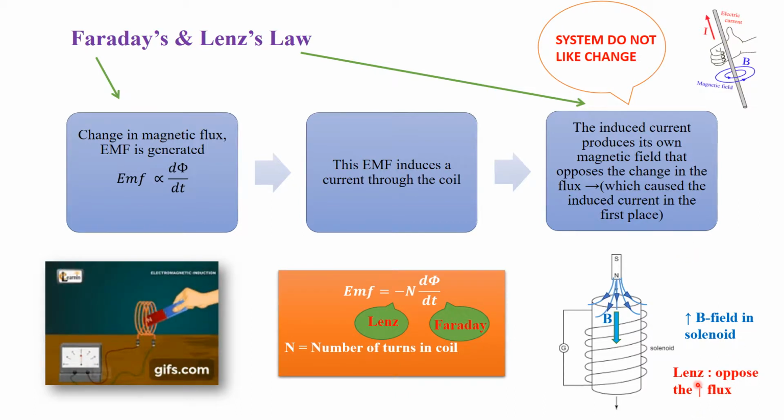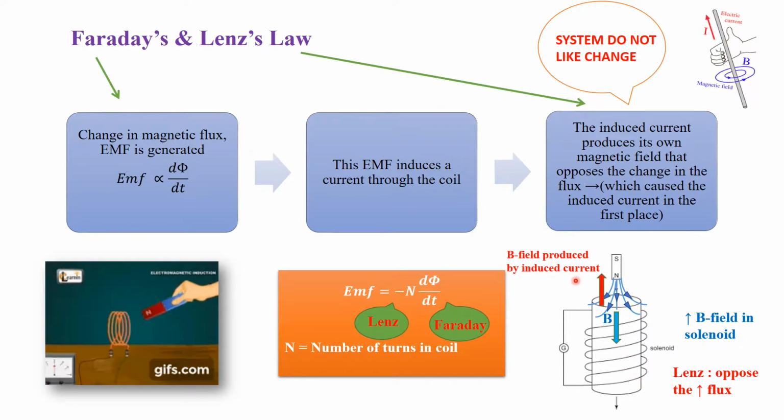Now this is where Lenz's law comes in and opposes the change in the flux that is increasing. Now how does it do so? We know that when there is a change in flux, the EMF is generated, which induces a current through the solenoid right here. Now this induced current will produce a magnetic field that opposes the change in flux. Now in this case, the B field is directed downwards. Now in order to fight it, like to push it up, the induced current will produce a magnetic field that is upwards.